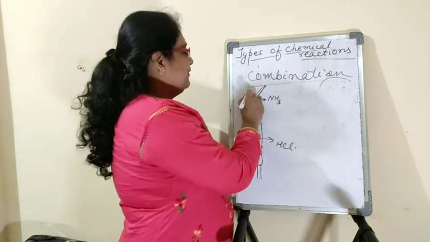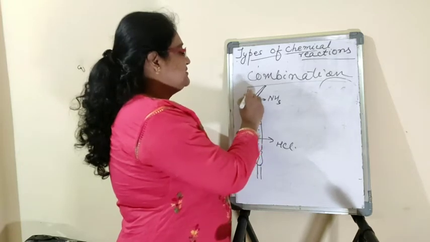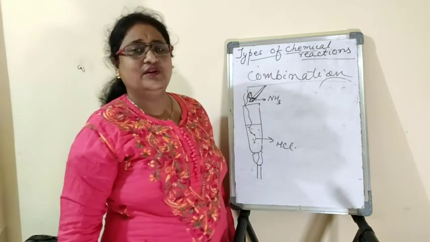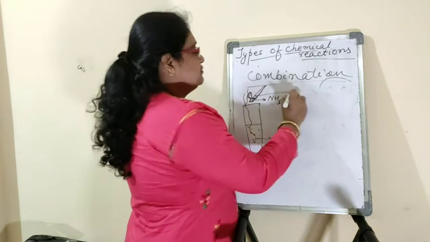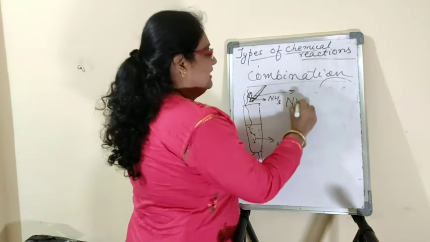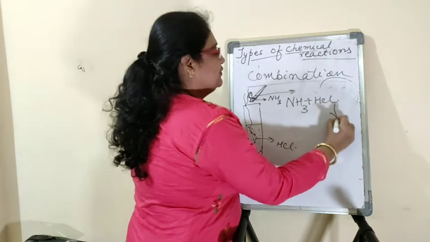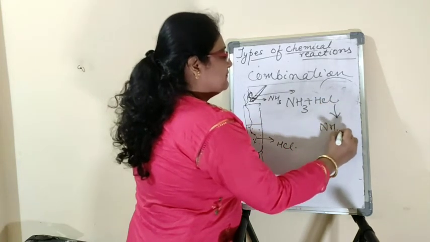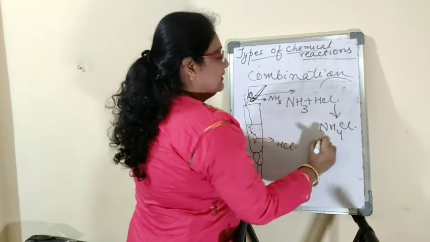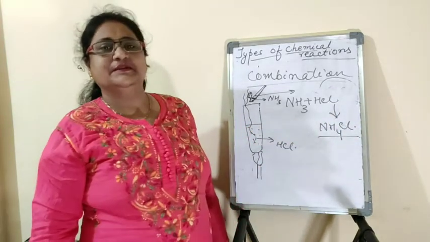So the ammonia gas will react with the hydrochloric acid gas to form NH4Cl, that is ammonium chloride.